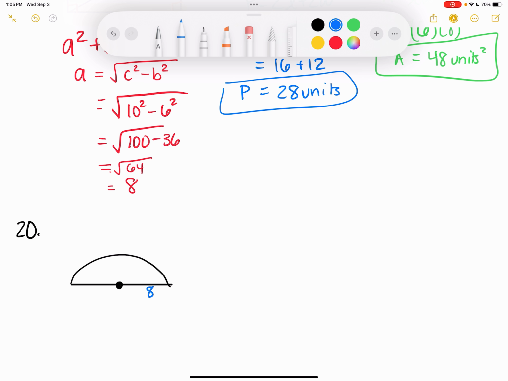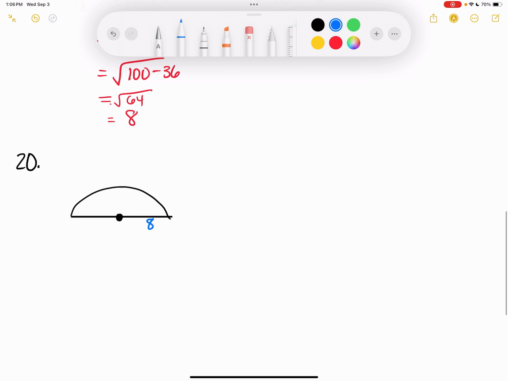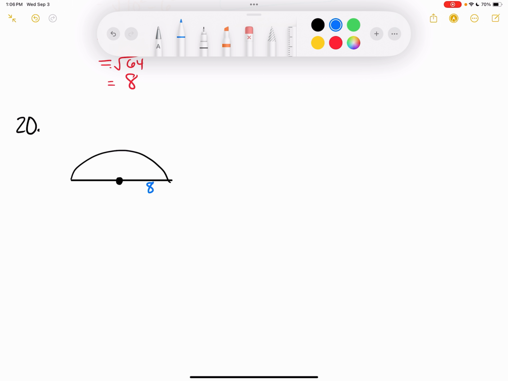Now, I need to find the circumference. The circumference of a circle is for the entire outer boundary of my circle. A semicircle is what of a whole circle? Half. So I need half of my circumference. And then I'm going to need to add this part down here because this is not part of a normal circle, right? So my circumference is going to be 2 times pi times 8, but I need half of it, so I'm going to divide it by 2.